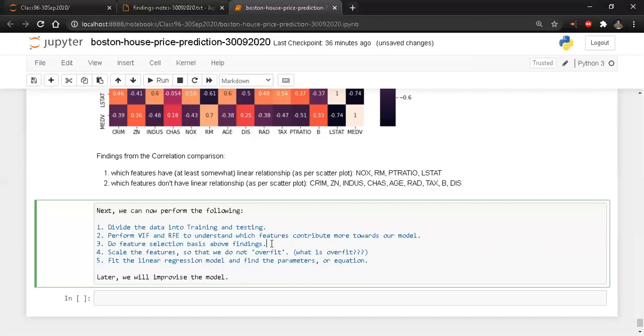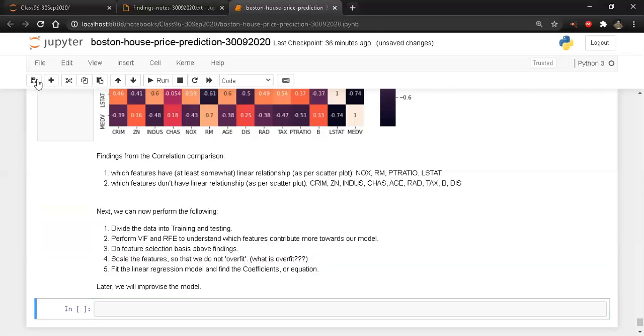Once you have selected the features, we do the scaling, and we are going to look at the definition of overfitting. Then we fit the regression models and we find the parameters or the coefficients. Later we are going to improve the model by using different kinds of models. I think this is a logical stop here. Let's make a stop over here.